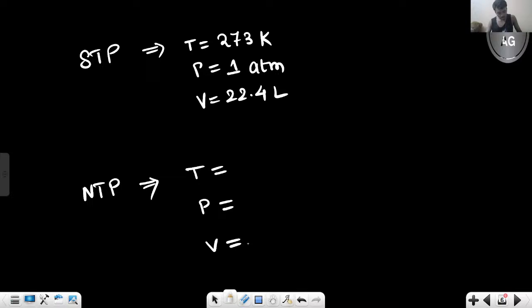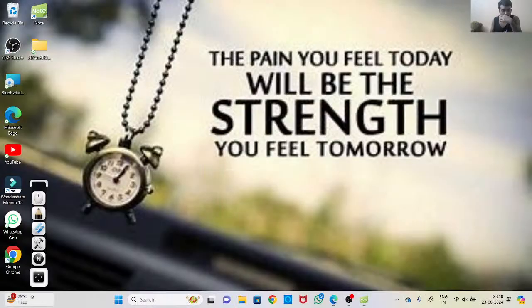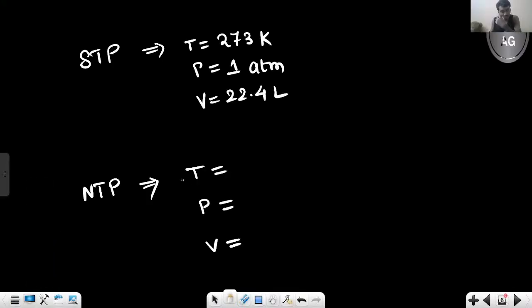No, NTP is 273 Kelvin. Pressure is 1 bar, not atm, and volume is considered 22.7 liter.